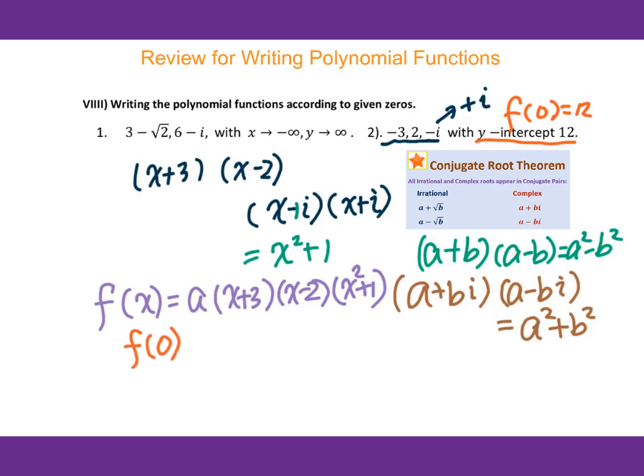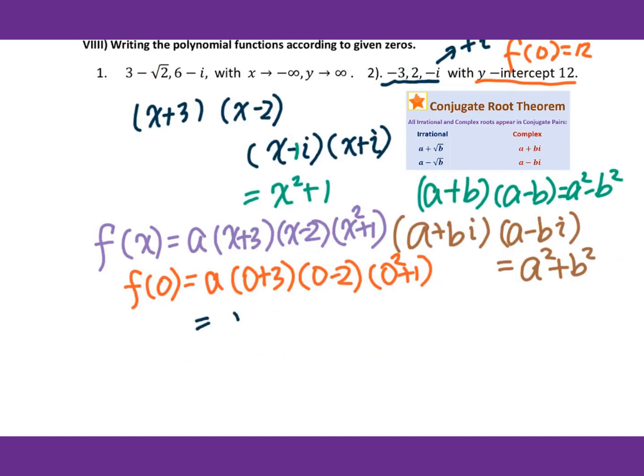I'm looking for f of 0. I change every single x as 0, so we got 0 plus 3, 0 minus 2, and 0 squared plus 1. Work this out, you get a times 3 times negative 2 times 1. So we got negative 6a.